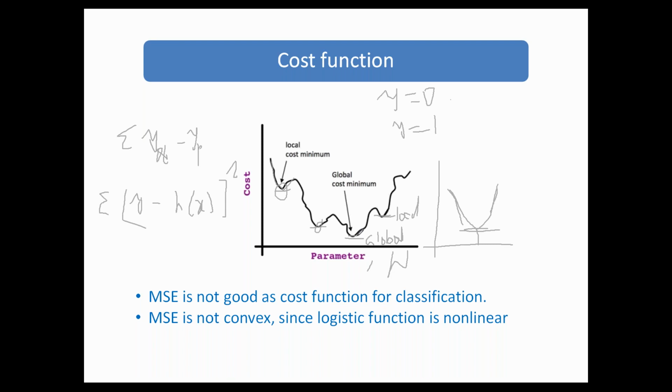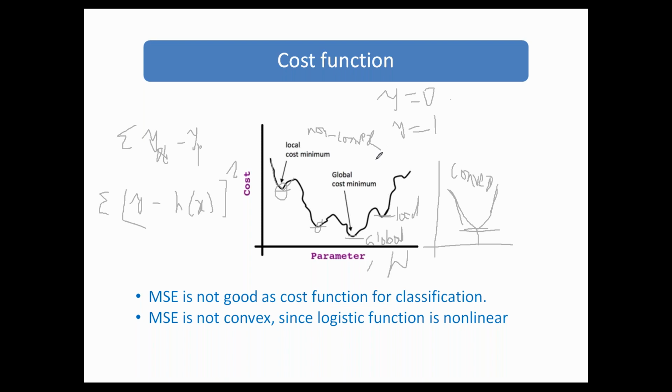So to make the cost function similar to this one, this is called convex. This kind of cost function we call a convex function, and this is called non-convex. If you have only one global minimum, we call it a convex function, and this is non-convex. So if we use the mean square error, that becomes non-convex.